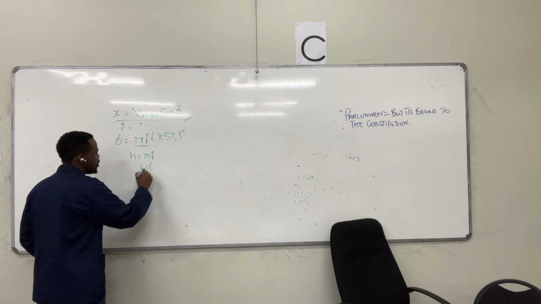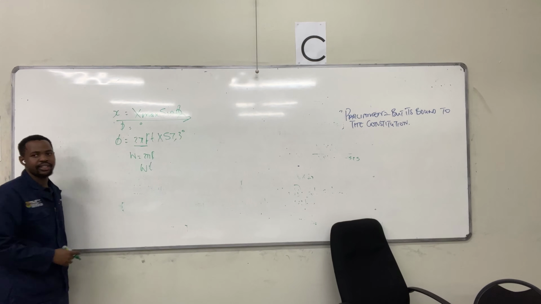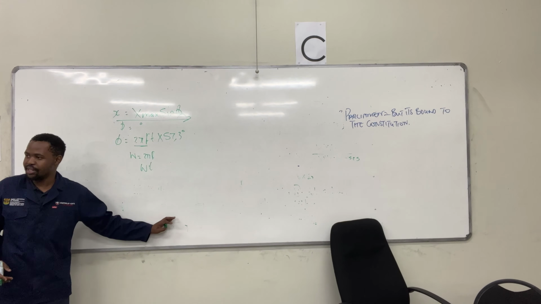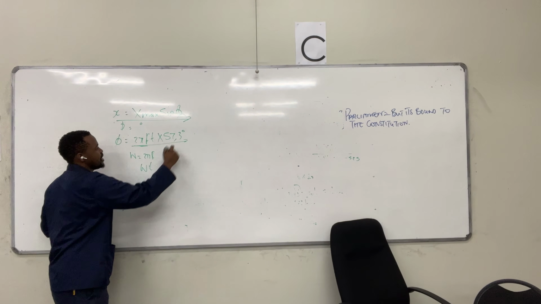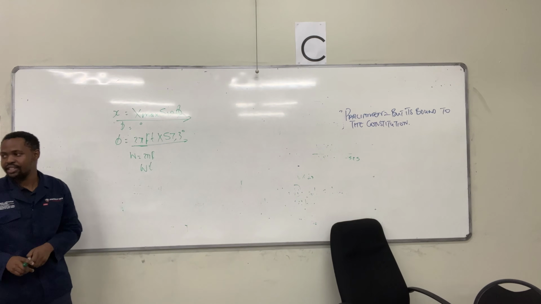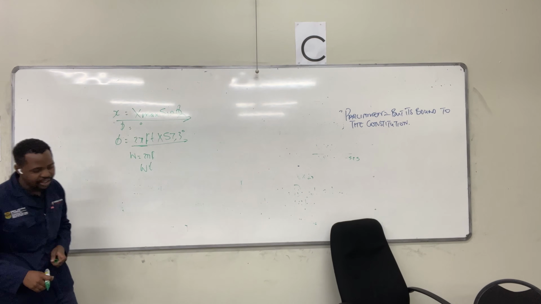Basically, angular velocity times time is equal to angular displacement. But it has to be in degrees, so we multiply by 57.3. Okay.